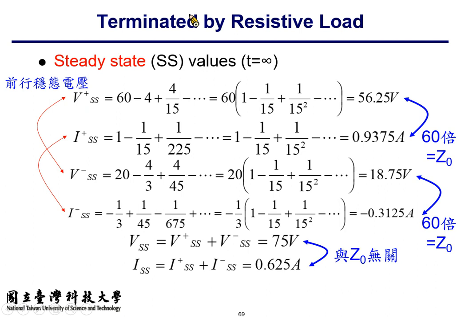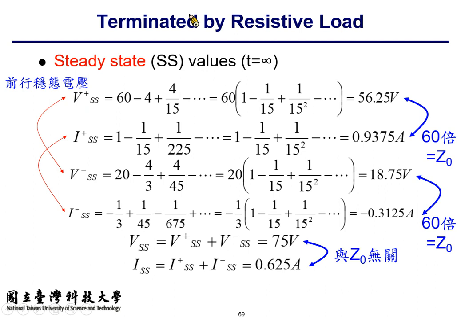So the positive going part and the negative going part are all consistent with the characteristic impedance of the transmission line. However, if you add up the total V plus steady state signal and the V minus steady state signal, that will be 75 volts, and the ISS is 0.625, which is not consistent with the 60 ohm ratio of the transmission line.